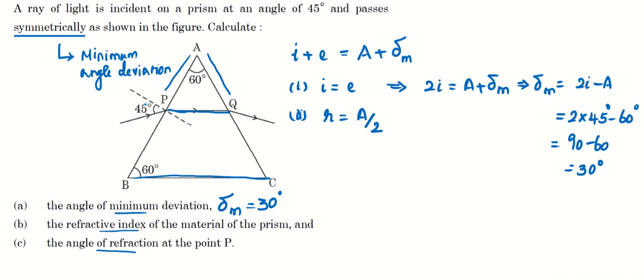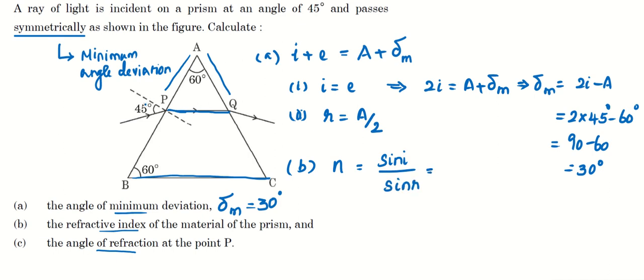Now to find out the refractive index of the material, this is part A, now this is part B. Refractive index of the material equals sin I by sin R, according to Snell's law.